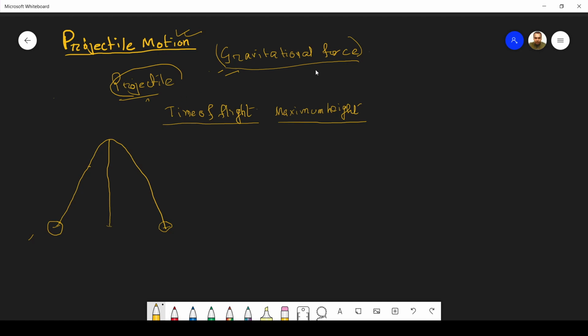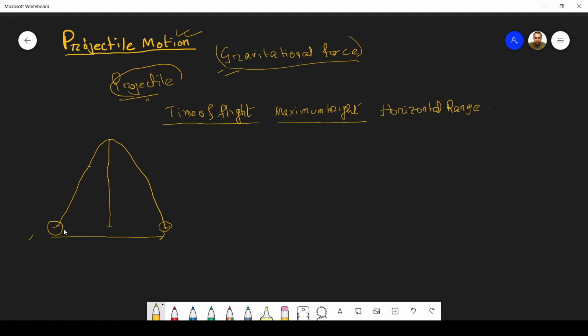Another term which we have to understand for projectile motion is the horizontal range. What does horizontal range mean? Horizontally, how much distance has been traveled by the projectile?